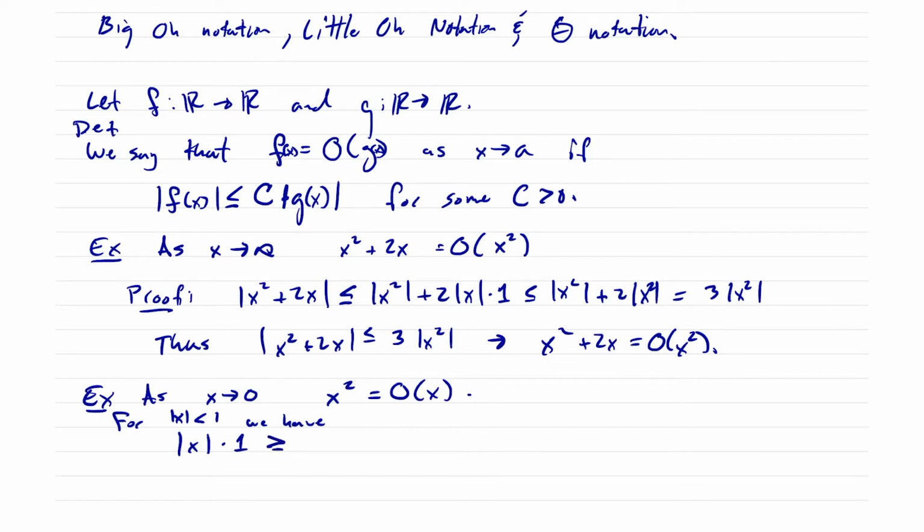So this becomes less than or equal to absolute value of x squared. And hence x squared is big O of x, where that constant is 1.